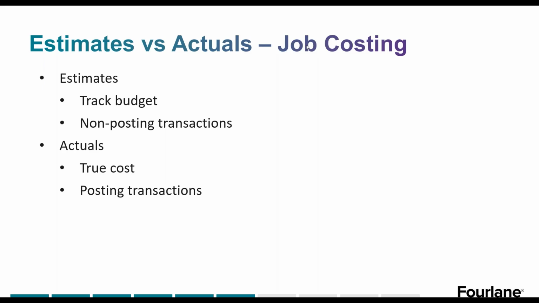Using estimates versus actuals is typically found in job costing scenarios. Construction companies most likely will use these types of activities on a day-to-day basis. But what's another example? Another great example that I worked on personally is managing grants.